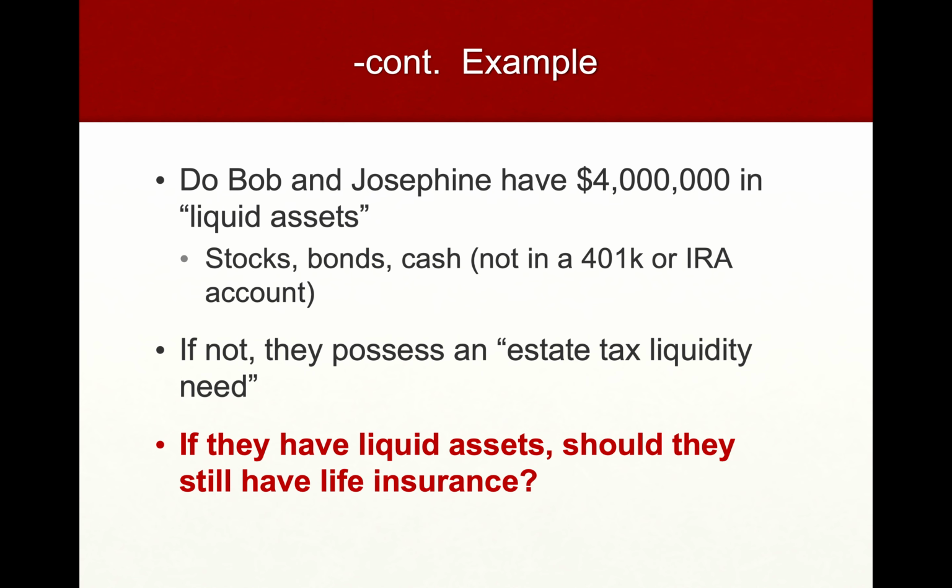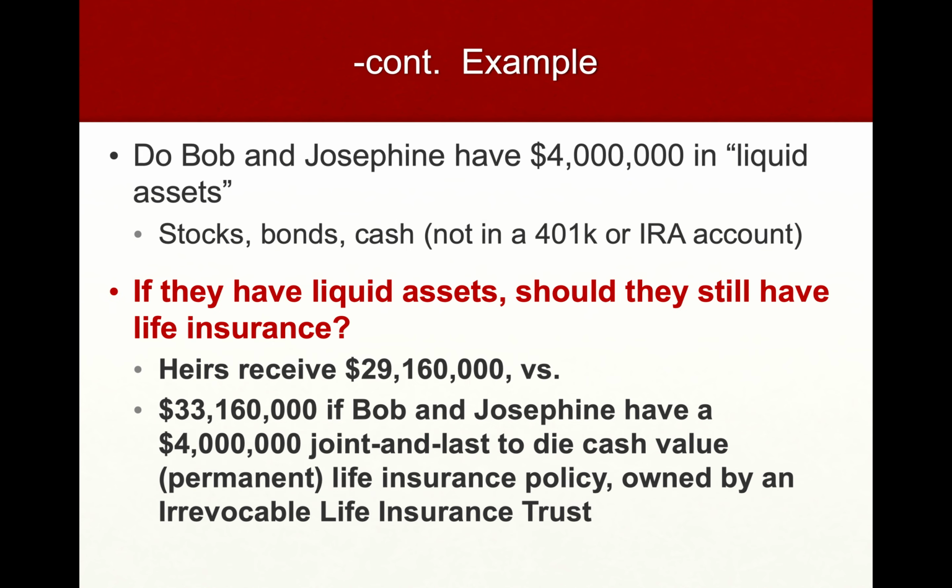But if they're not liquid, if all of their money is tied up in businesses or tax deferred accounts, then they don't really have the cash that their heirs or their estate or trust can come up with to pay that estate tax, and that might be a reason for having life insurance in that case.